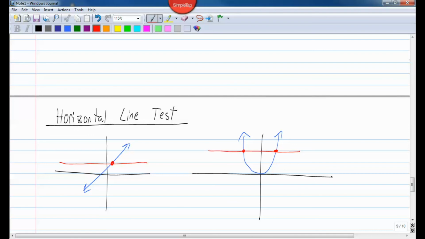So what that means is, does this graph have an inverse? No, it doesn't. So, does this have an inverse? Yes, it only touches once. Does this have an inverse? No, it touches more than once.